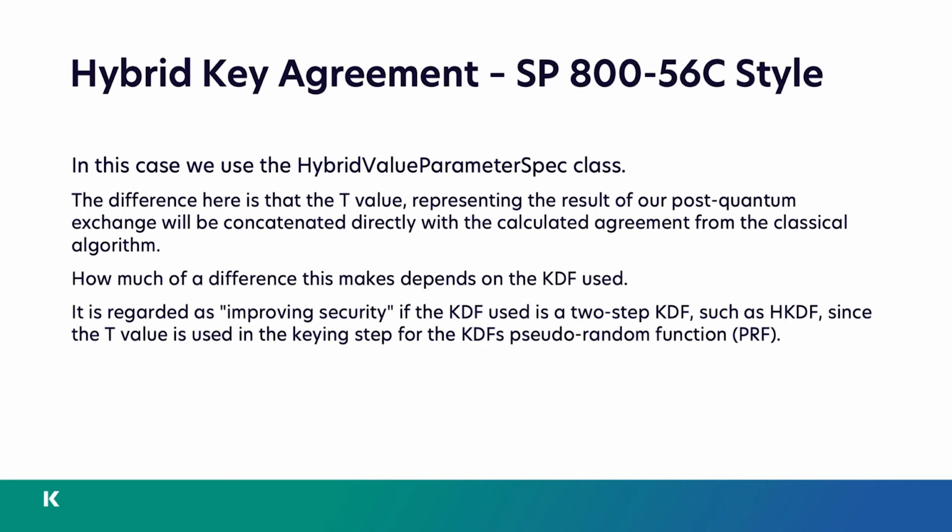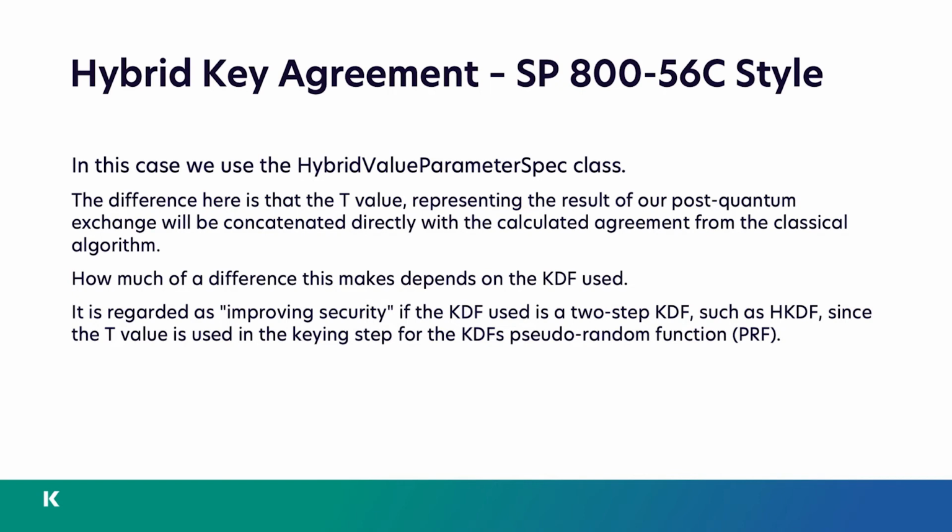So let's talk about the other approach, the SP 800-56C style. In this approach, we don't use the DEROtherInfo class, and instead we'll be only using the hybrid value parameter spec class. The difference between the two approaches is that in this approach, the T value from our PQC will be concatenated directly with the calculated agreement from the classical algorithm.